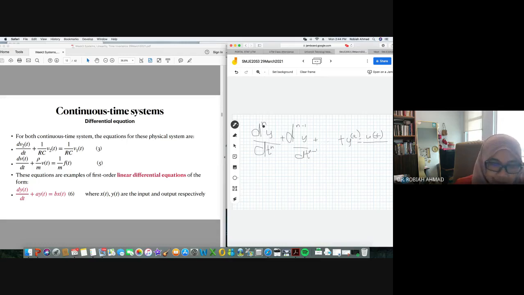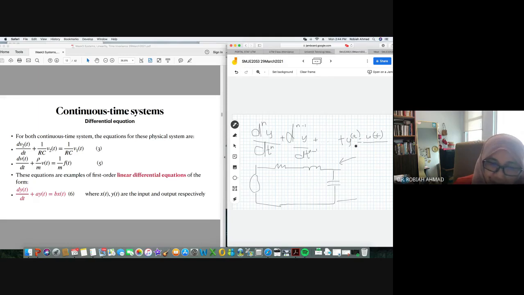For example, I give example on the RC circuit. But then if we have RLC for example, kita ada resistor, kita ada inductor, and then kita ada capacitor. This one later on you will go into detail bila you buat control. So bila kita ada macam ini, kita kena derive this system into a mathematical model.